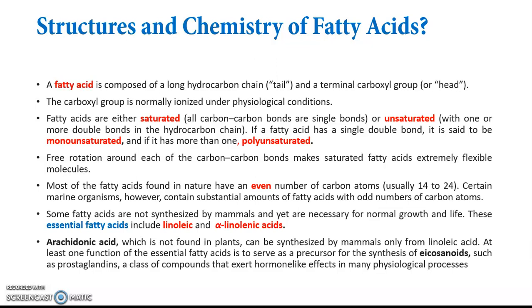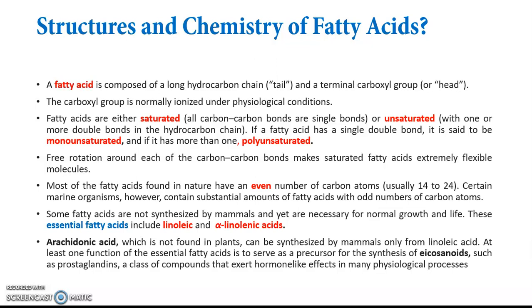Now, the free rotation around each carbon-carbon bond makes saturated fatty acids extremely flexible molecules. Most of the fatty acids found in nature have an even number of carbon atoms, usually from 14 to 24. Certain marine organisms, however, contain substantial amounts of fatty acids with an odd number of carbon atoms.